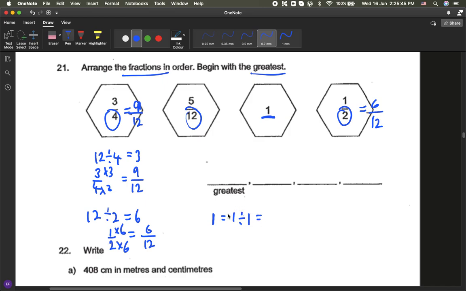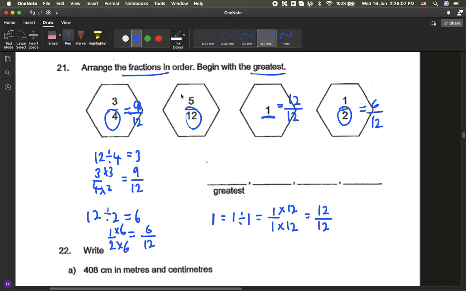So we can convert this into 1 over 1 as a fraction. And since we already have a common denominator of 12, we can multiply this by 12 to make it the same denominator as the other fractions. So 1 can also be equal to 12 over 12.